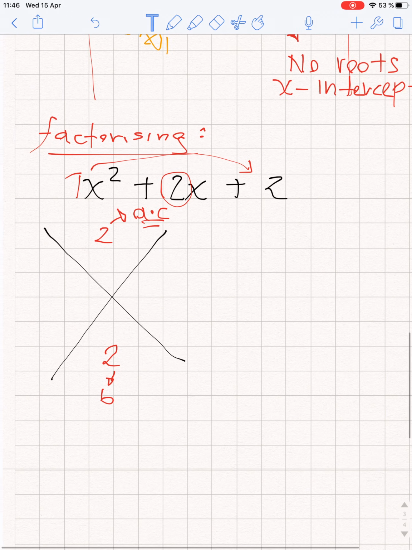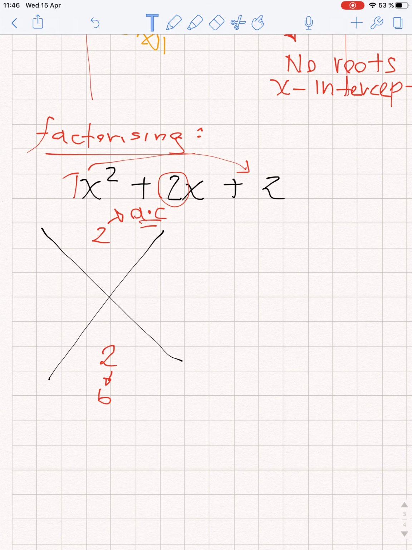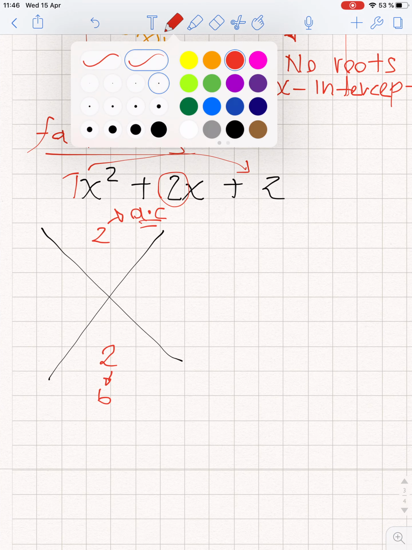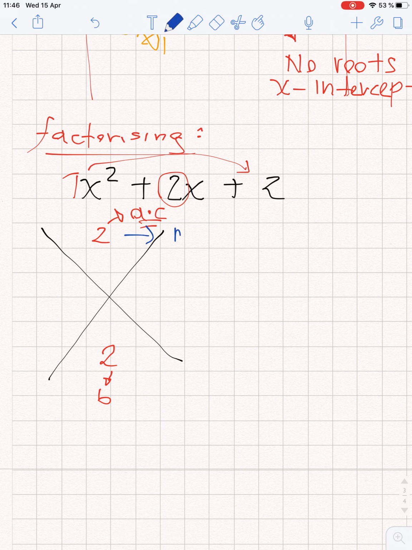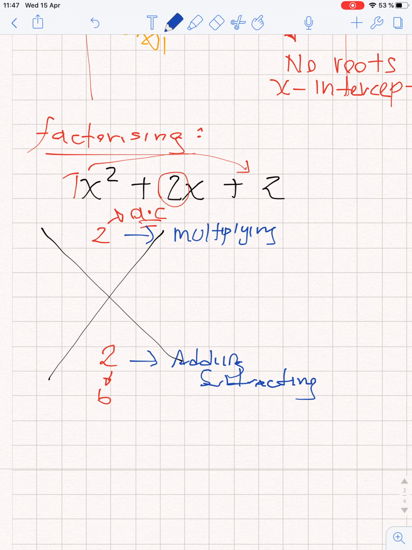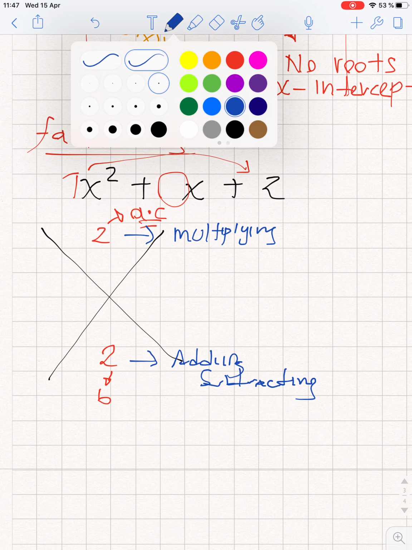Then, when you have this, you need to look for two numbers that after multiplying give you 2, and adding or subtracting the same numbers give you b. I'm going to try different combinations, but in this case, we don't have a combination. I made a mistake creating the expression. Therefore, I'm going to change this number 2 to 3, okay?